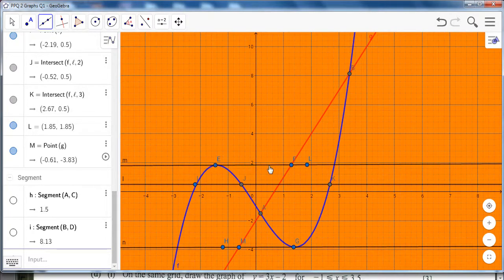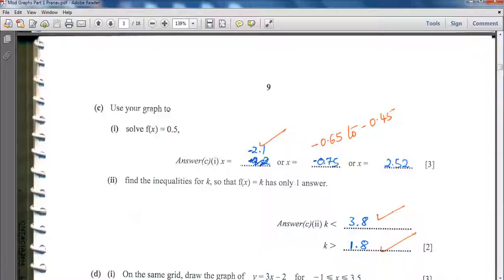If we look at exactly the line M, then this line cuts the curve at exactly 2 points. One is this point and one is the other point over here. Similarly, this line beneath also cuts the curve at exactly 2 points. One is this point and one would be that point. But our question is something else. Our question wants us to find out all the values of k for which there is only one answer.